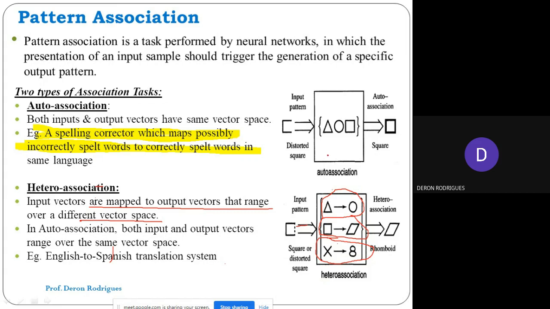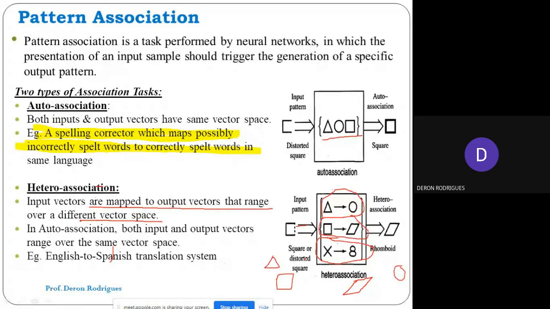As in the auto association task, there were only 3 patterns, input and output. It was the same thing. Here, if a triangle is given at the input, a circle should be displayed at the output. If a square is given at the input, I should get a rhomboid at the output.